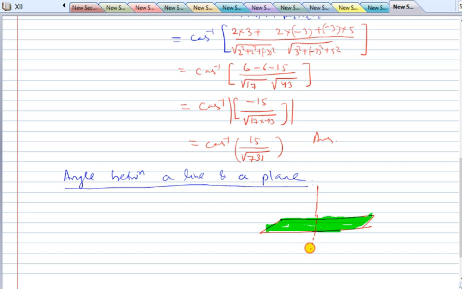Suppose this one is its normal vector. To find the normal, I take it this. Now I draw a straight line to it.